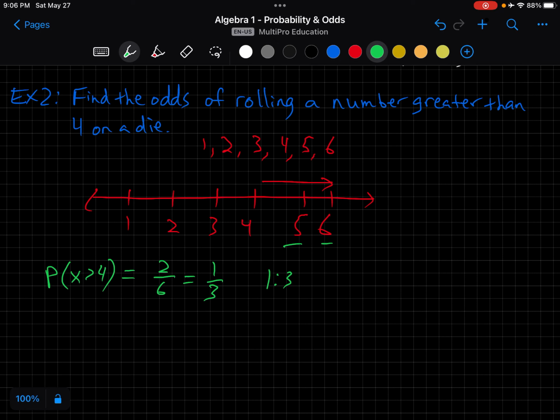Okay, so now let's say we want to know the odds against this event. What does that mean?